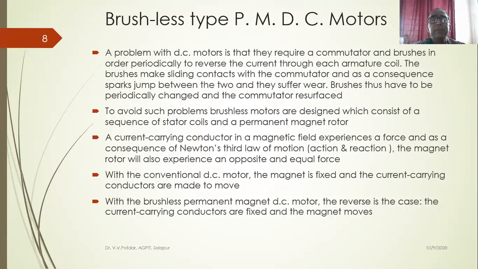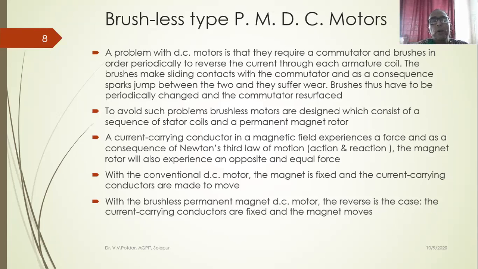Sparking is there between the two, and they suffer wear and tear. Brushes thus have to be periodically changed and the commutator resurfaced, because these carbon brushes develop, so to say, a coating on the commutator, isn't it? So we need to use polished paper to brush off those carbon particles deposited on the commutator. So the commutator needs to be resurfaced or cleaned.